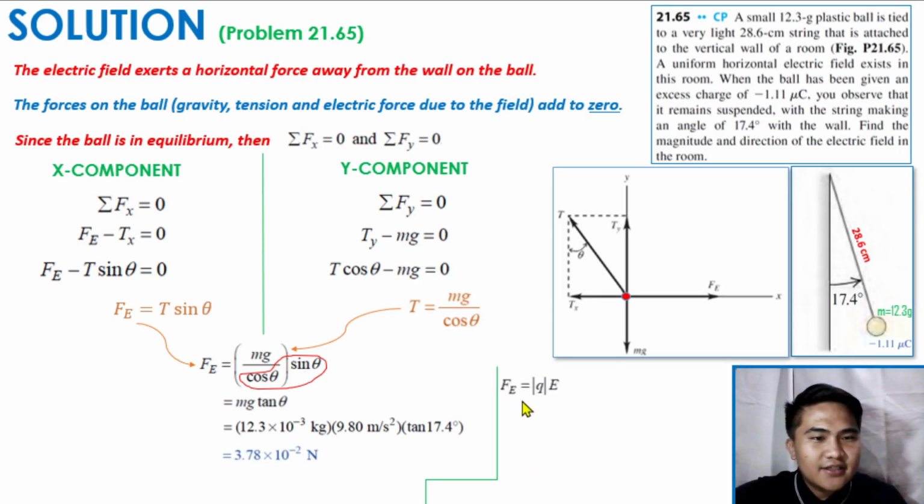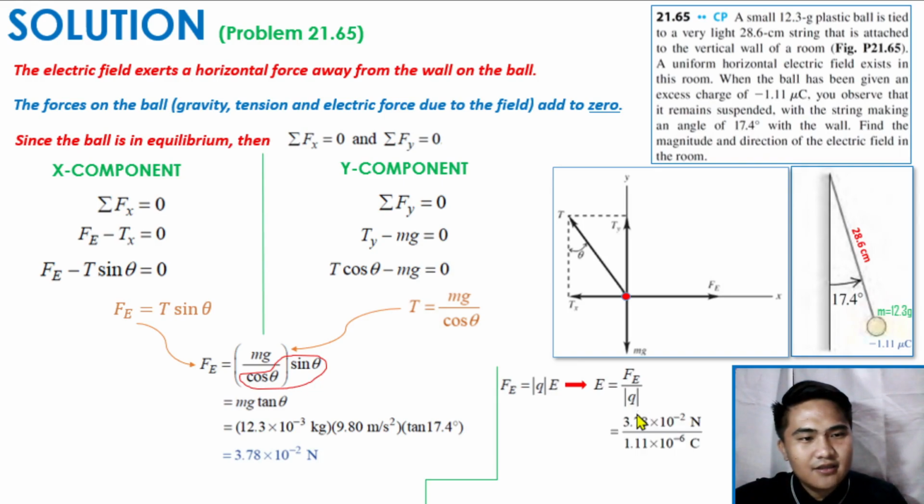Now, since the electric force is equal to the absolute value of the charge times the electric field, we can rearrange this to get the electric field value. So, substituting the values, we have this electric force divided by the absolute value of the charge.